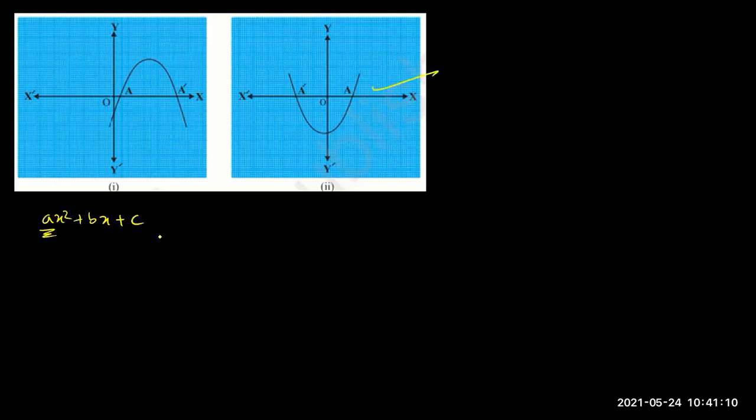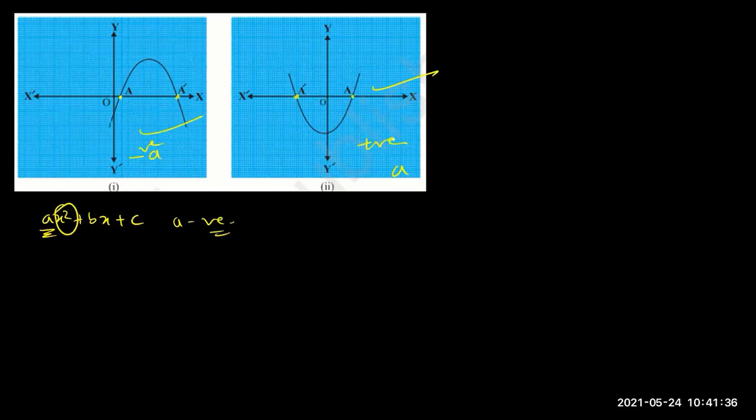If a is negative, the graph will come like this. This is negative a, and this one is positive a. Clear?